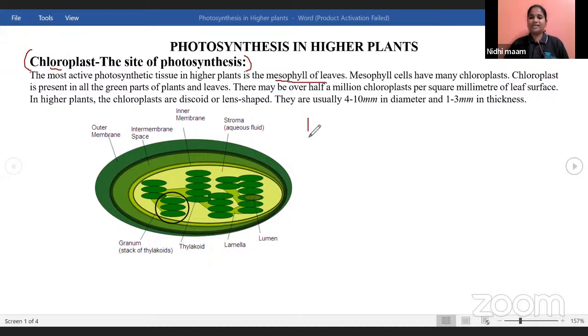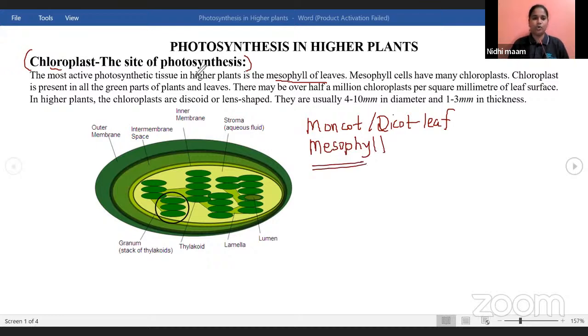I think you are familiar with the monocot as well as dicot leaf, which we studied in the anatomy of flowering plants. The tissue present in the leaf is called mesophyll tissue.